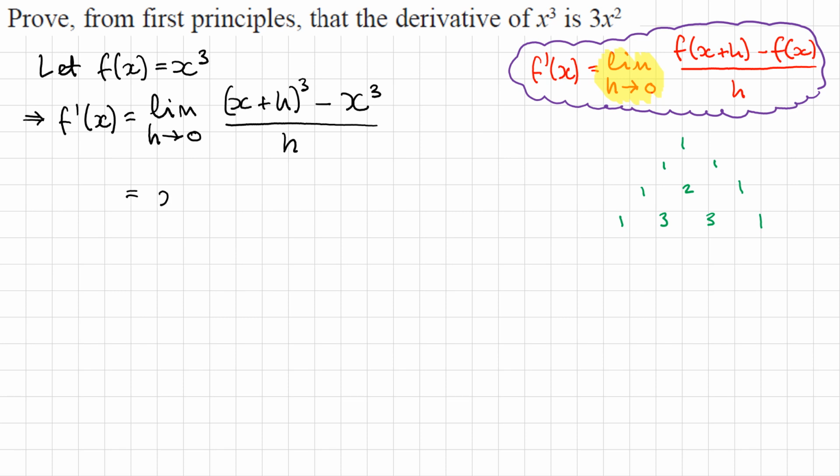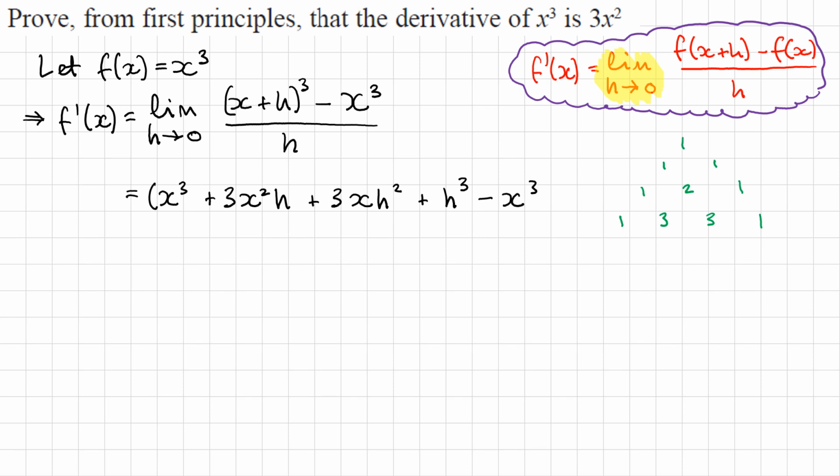So I will have x cubed as the first term plus 3x squared h. So the h appears, the x goes down by 1 power, got a coefficient of 3. Next one also has a coefficient of 3, x to the power 1, h squared. And then the last term has a coefficient of 1, the x has gone, and now we're up to h cubed, and then we're minus the x cubed.